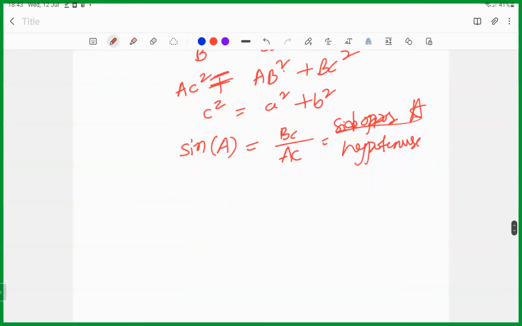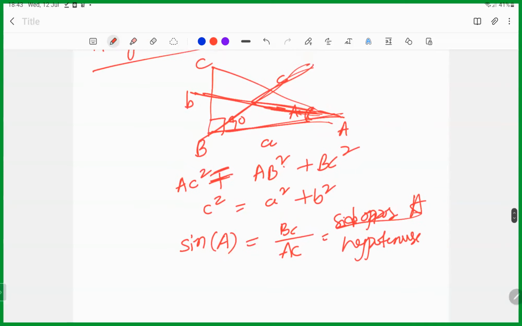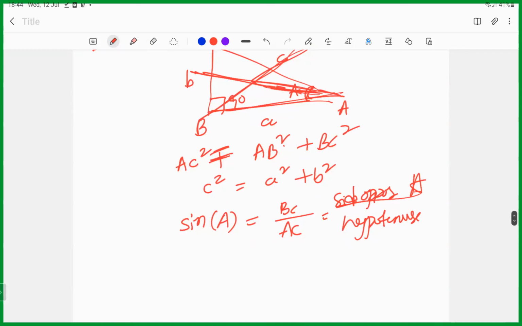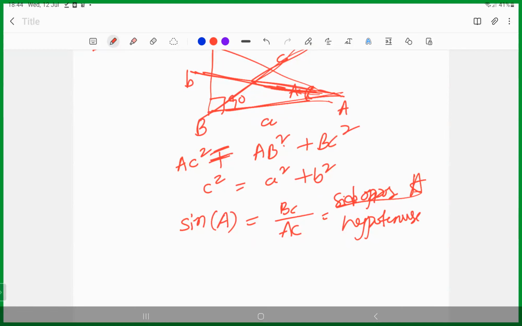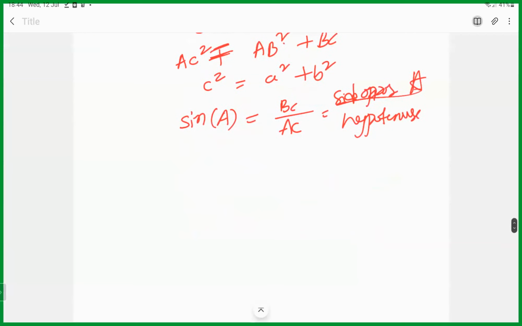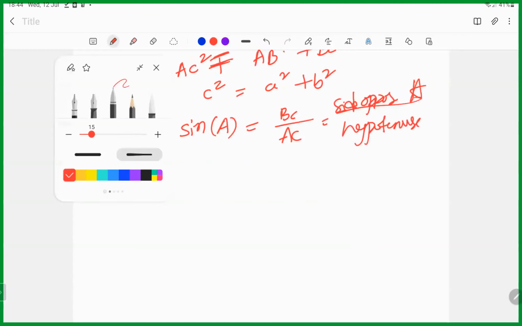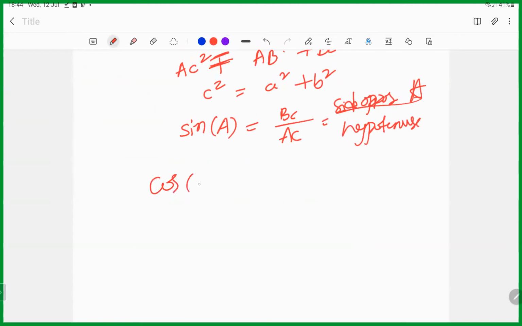So what about cos A? Cos A will be AB by AC, which is equal to the side adjacent to angle A by hypotenuse.